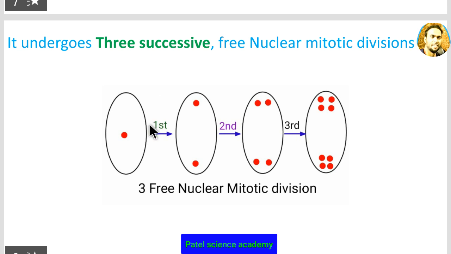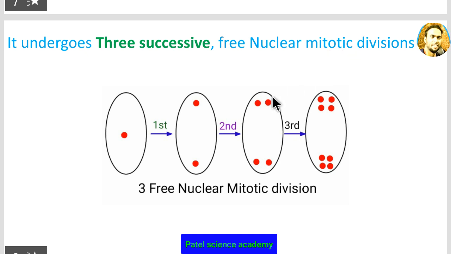Now what happens with that functional cell which did not degenerate? It undergoes three successive free nuclear mitotic divisions. Till now we have seen the megaspore mother cell, by meiosis, the reduction division, converted into 4 tetrad. Out of that 4 tetrad, 3 degenerated, only 1 remaining. And what happens with that remaining cell? It now goes for the next cell division, and this cell division is not meiosis, it is mitosis.